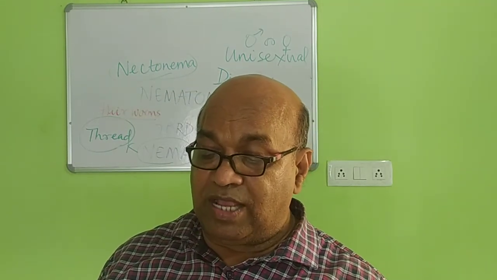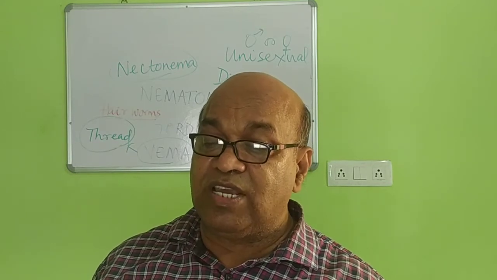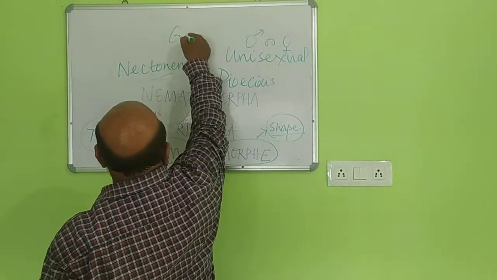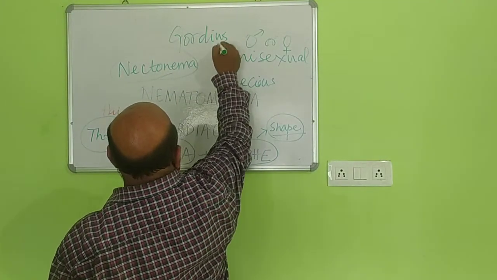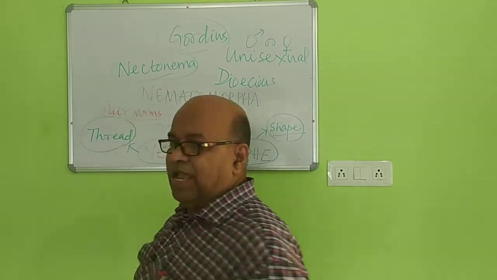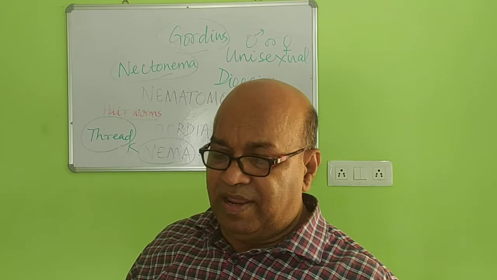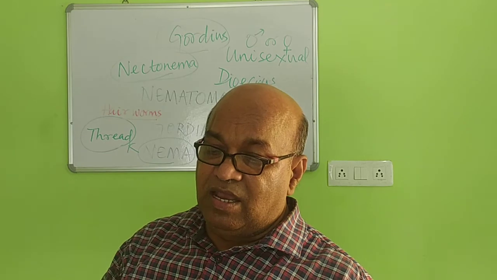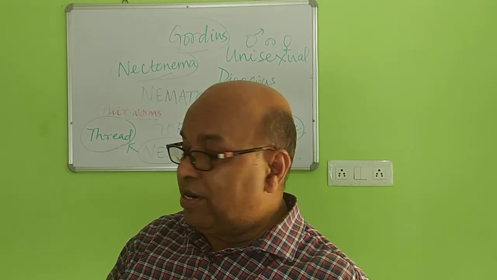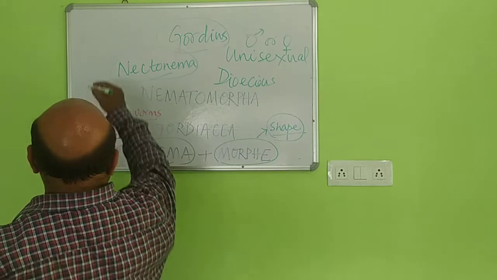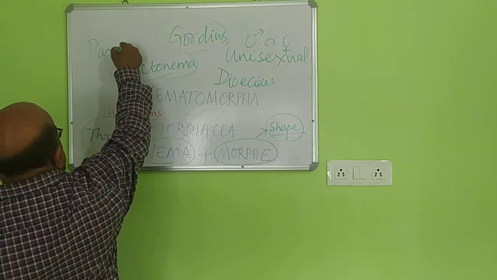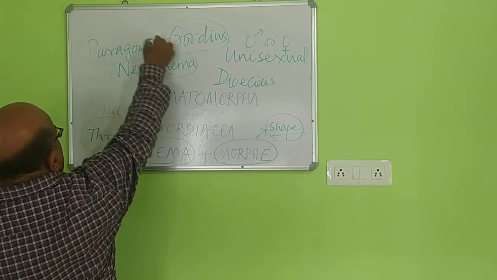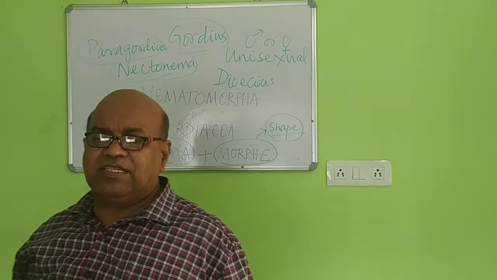What are the examples? The examples are Gordius, so it is called Gordiacea, and Paragordius is another example. Gordius and Paragordius.